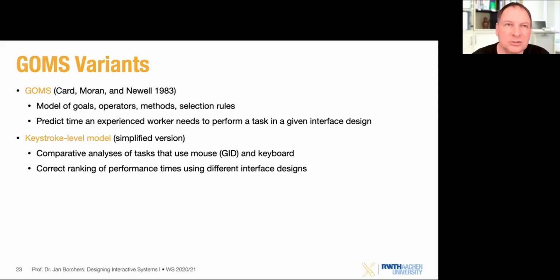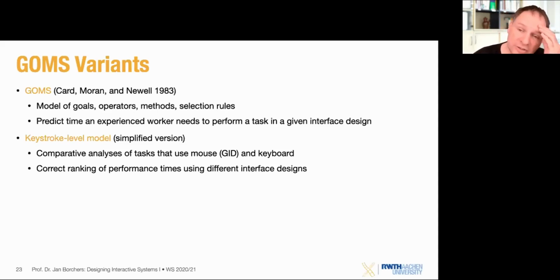Although the GOMS tends to give you precise numbers, you've got to be careful about the precise numbers because you may very well under or overestimate a certain operator, or the operator in your condition takes a little longer or a little shorter. But as long as it comes up in both conditions, it usually doesn't impact the ranking of the two interfaces. We'll have an example for this in a minute to get you guys to be more familiar with this.